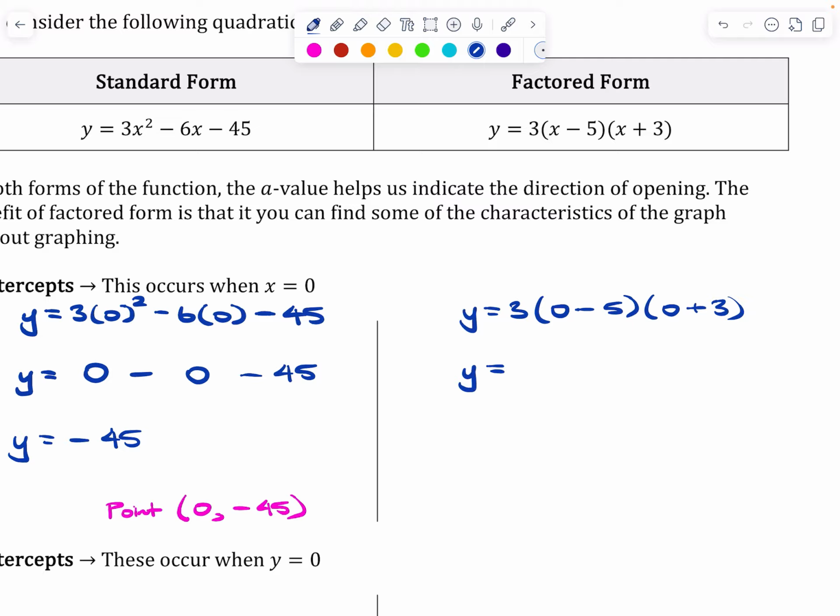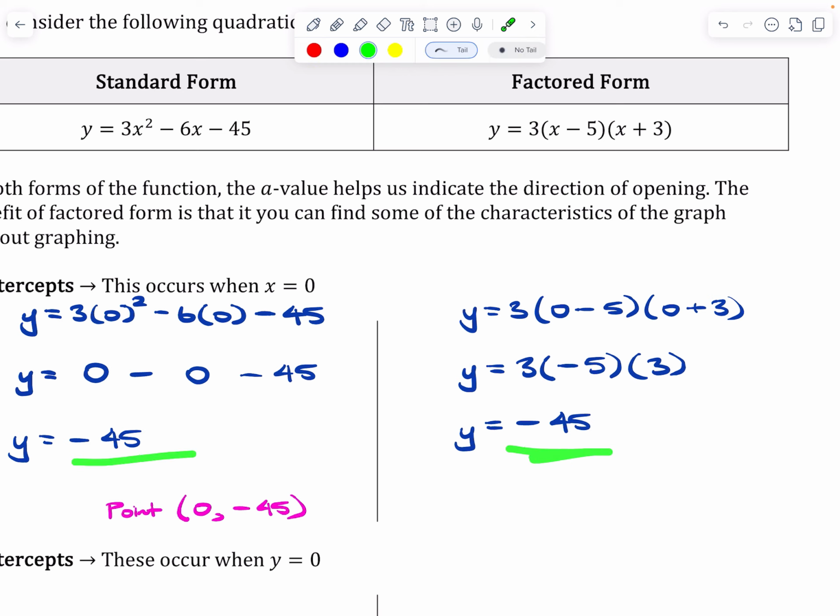So y is equal to 3 times negative 5 times 3, and multiplying all that together. 3 times 5 is 15. 15 times 3 is 45, and there's this negative out in front of it. So negative 45.